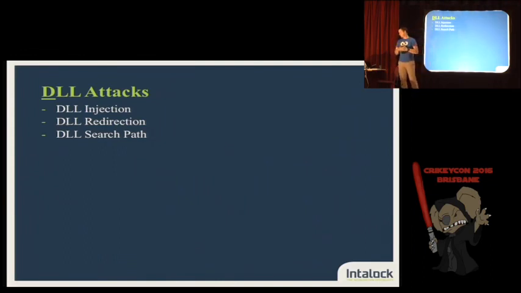If you have DLL safe mode not enabled, and by default it's not enabled on a lot of servers, when a binary loads up, for example, it'll go through a series of checks: look locally, look in this directory, look there. And one of the other little quirks is that if safe mode's not enabled, it will look for a DLL from within the directory it's called. So if you control the directory when you're calling a binary or have access to call a binary, it'll look locally there first.